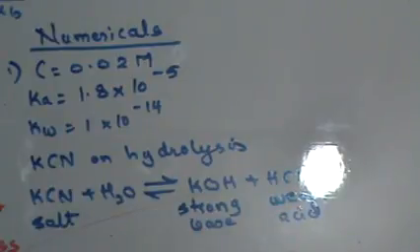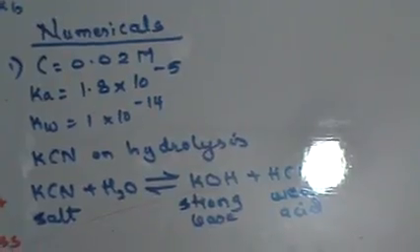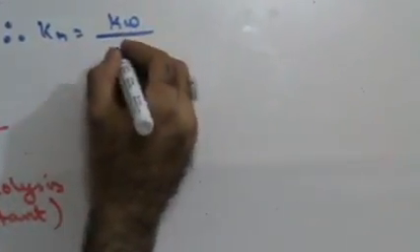So potassium cyanide is a salt of strong base and weak acid. Since it is a salt of strong base and weak acid, its hydrolysis constant will be given by the formula Kw upon Ka, since it is a weak acid. Do we get this thing clear?